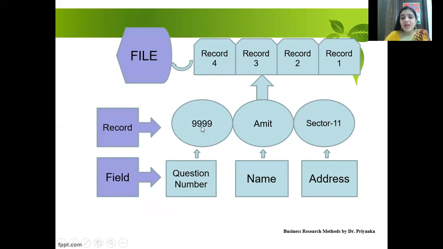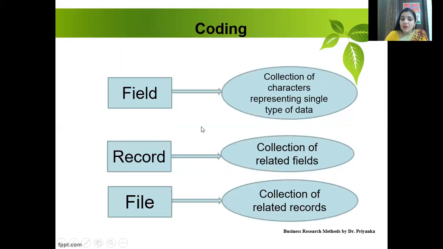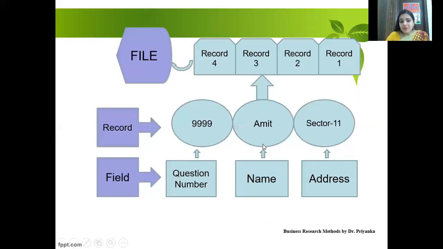And when we say that record is a collection of related fields, that means it is a collection of related fields. This is just one record right now, and we'll have different records for numerous questionnaires of one kind. For example, I have done a survey and I collected 10,000 questionnaires for that one particular survey. So they will all be recorded in here.